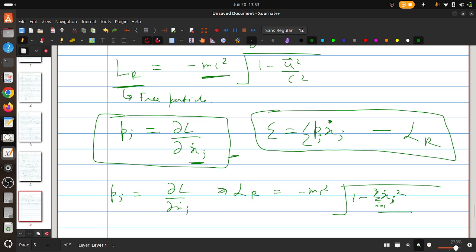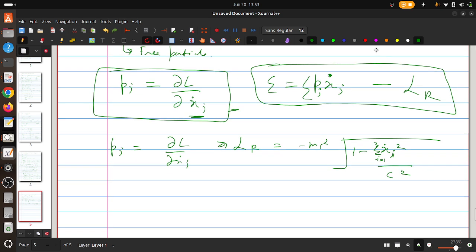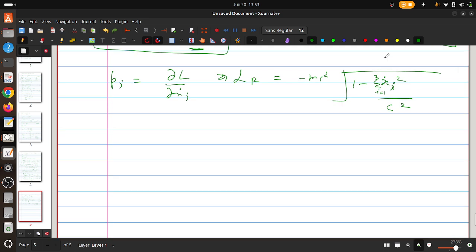Three degrees of freedom in the 3D world. And we're not talking about the four-momentum right now. This is just simply the three-momentum, the normal 3D vector linear momentum we're talking about here, right?